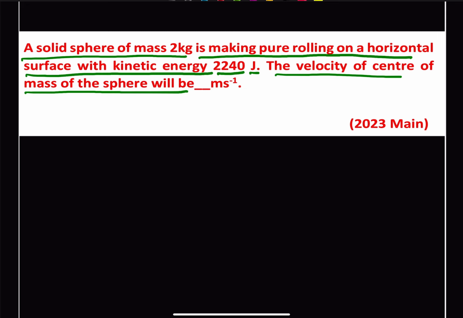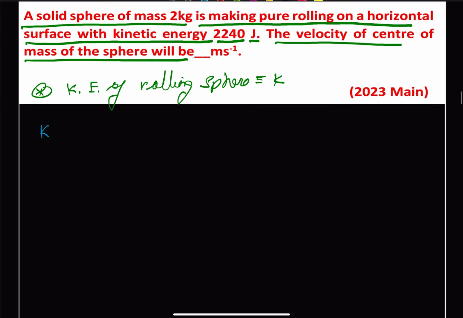So we can say that the kinetic energy of the rolling sphere, let us suppose that is given as K, then this K will be equal to kinetic energy translational plus kinetic energy rotational.